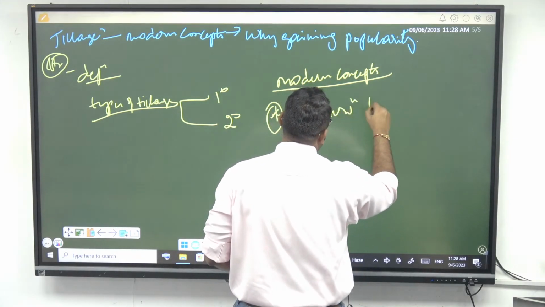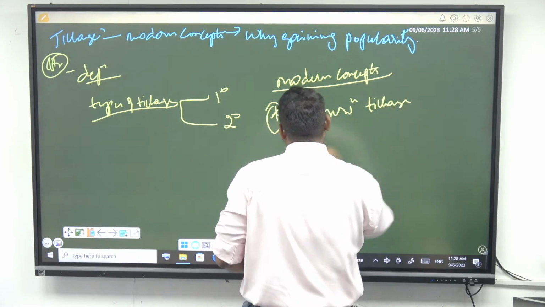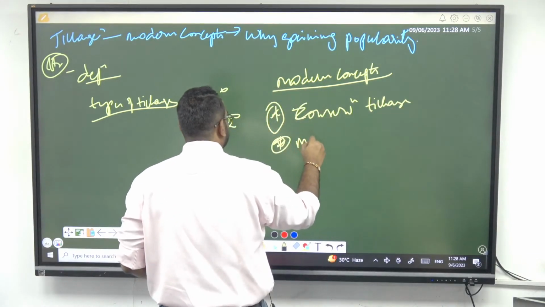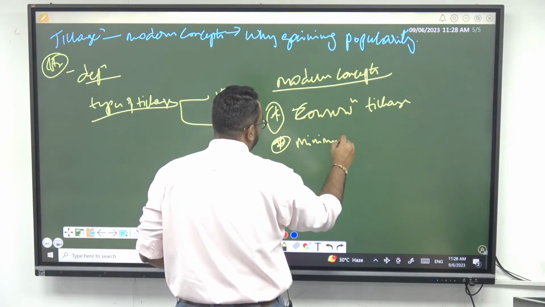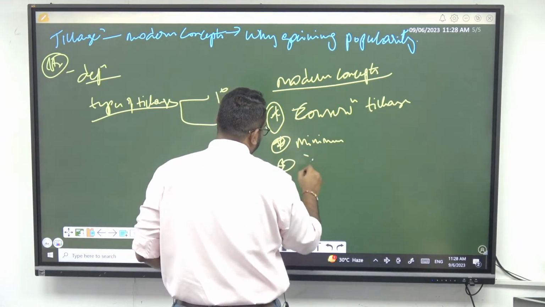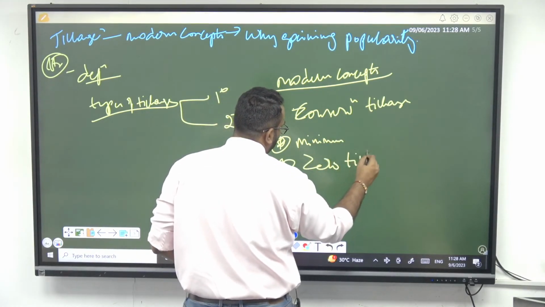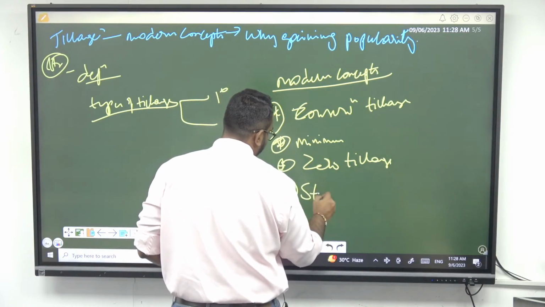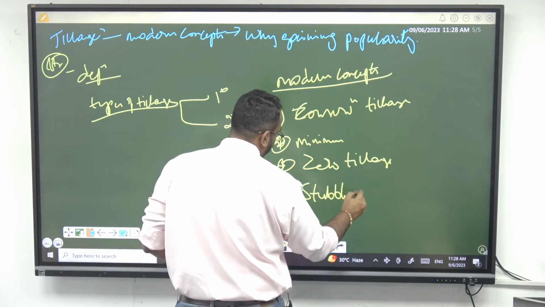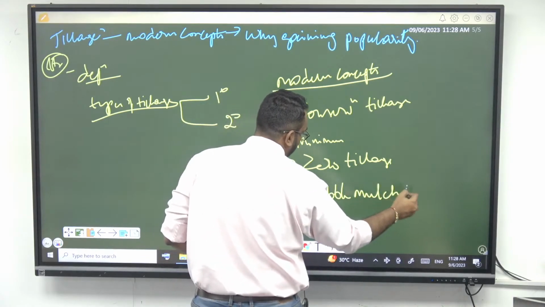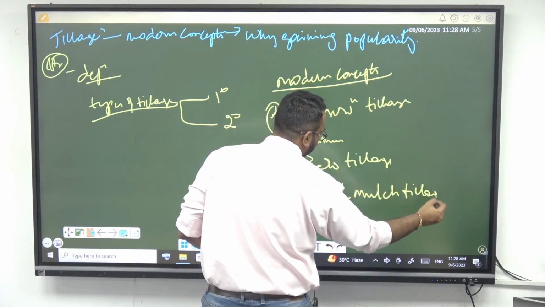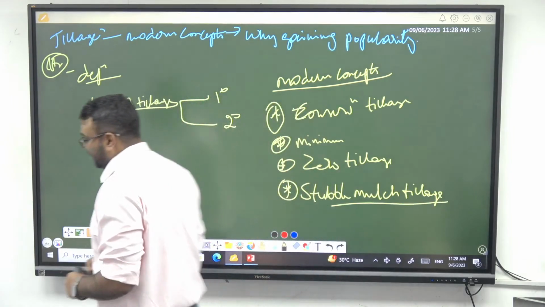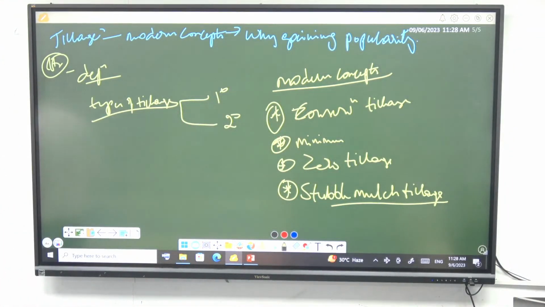Conservation tillage. Next one is minimum tillage. Next one is zero tillage. Next one is called stubble mulch tillage. These are the major modern concepts where we are trying to reduce the number of tillages.